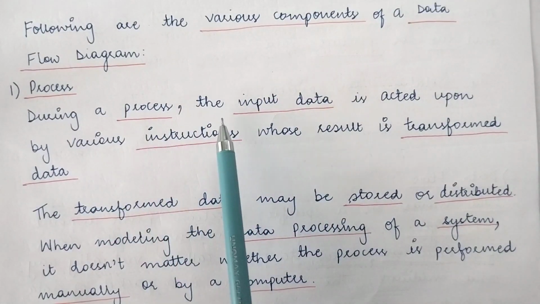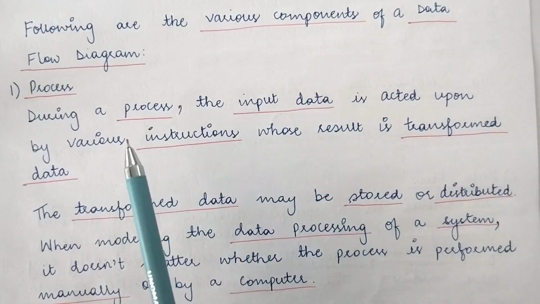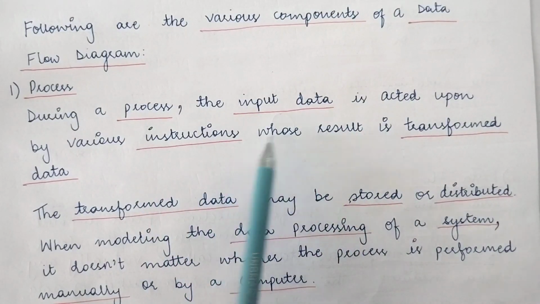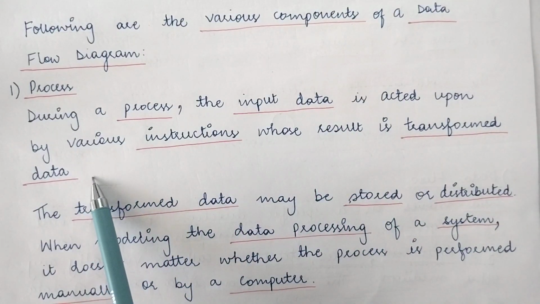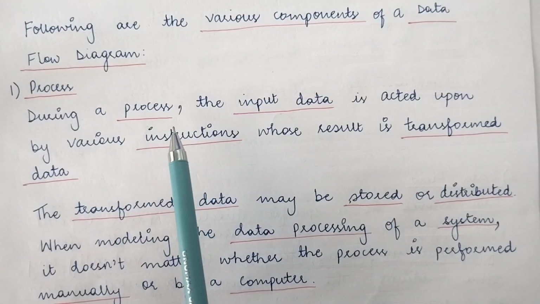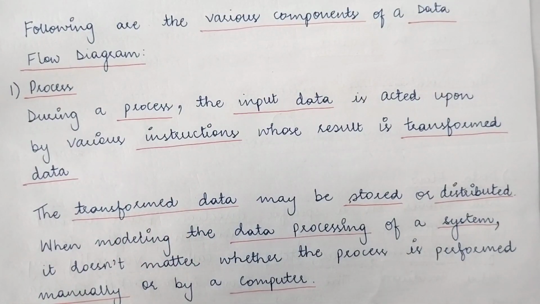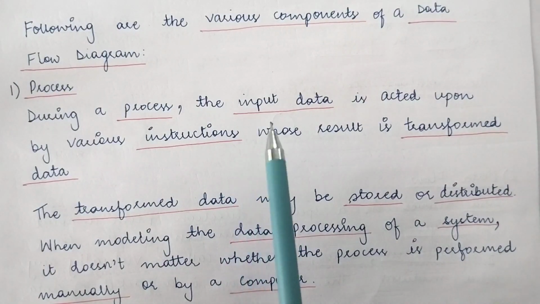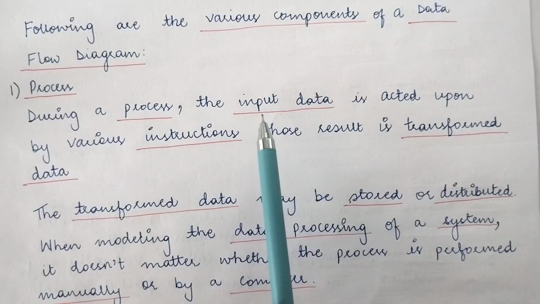During a process, the input data is acted upon by various instructions whose result is transformed data. So what is basically a process? Process means something which is happening, something which is in execution. We say things are under process, that means things are executing. So what happens during a process?